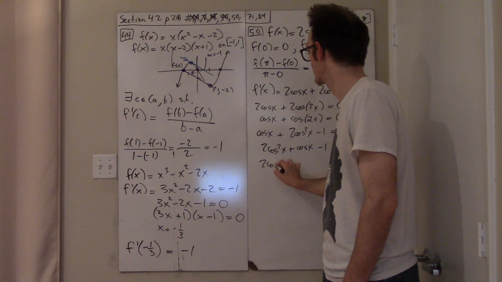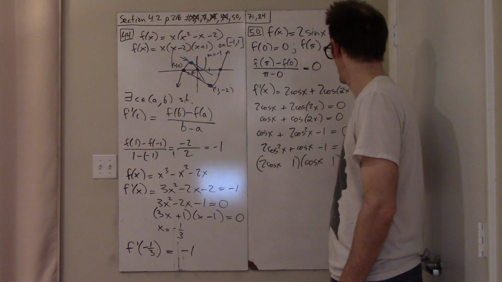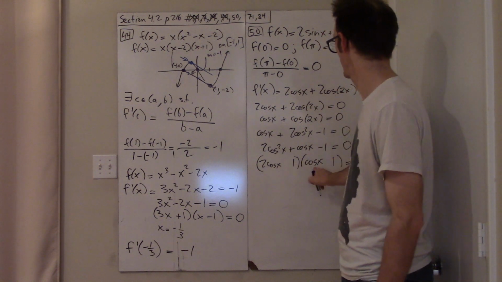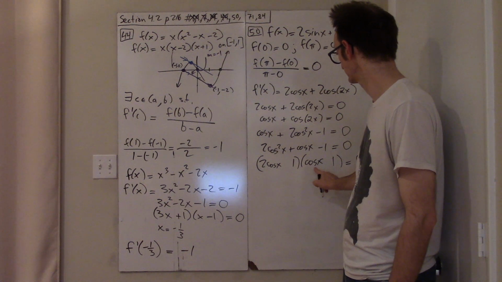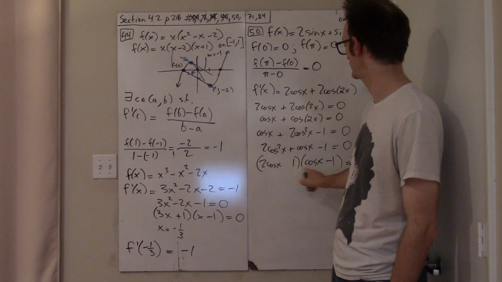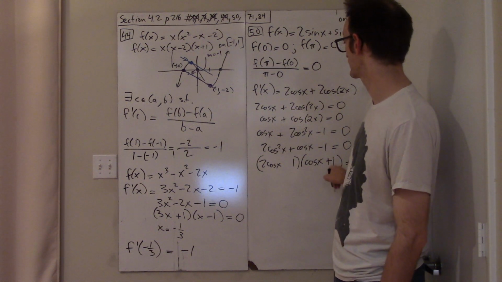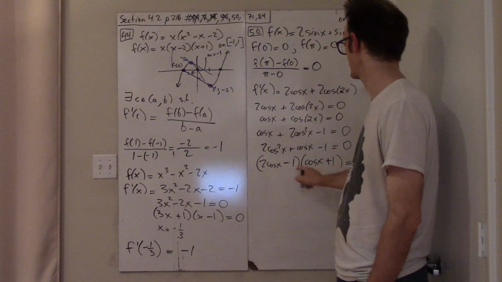So that becomes 2 cosine x, 1 cosine x, 1, let's see if I did this right, 2 cosine squared x minus, no, so I guess it should be plus 2 cosine x minus cosine x, and then minus 1.